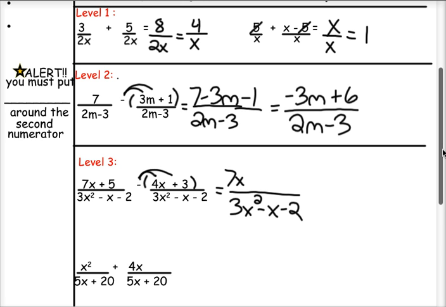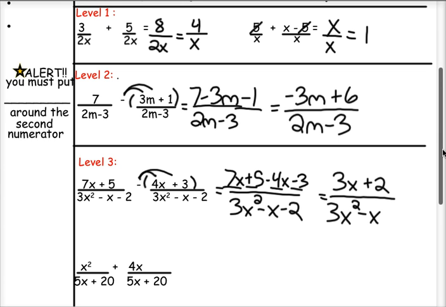So I'm going to have 7x plus 5, and I'm going to actually write out minus 4x minus 3. So when I'm combining my like terms on top, 7x minus 4x leaves me a 3x. 5 minus 3 leaves me with a plus 2. Then the bottom, we have our 3x squared minus x minus 2.